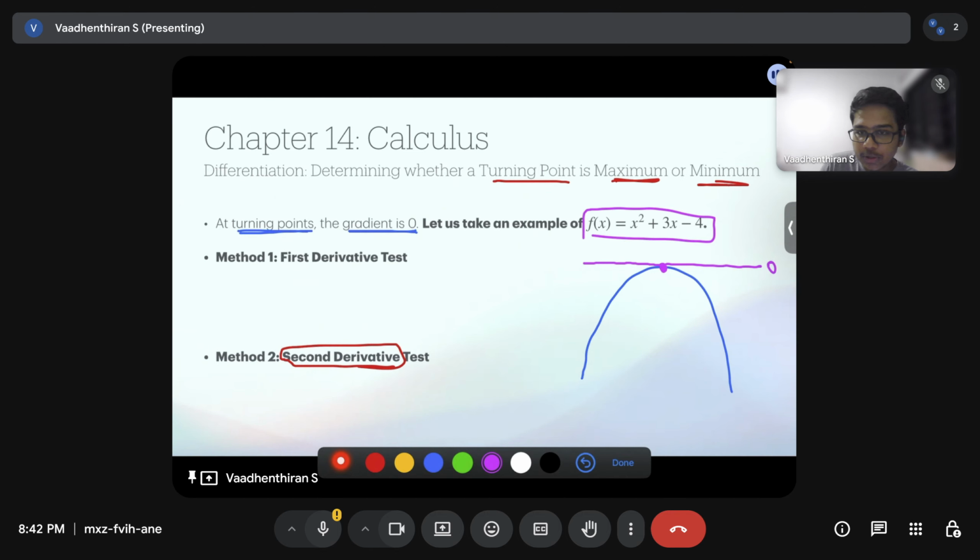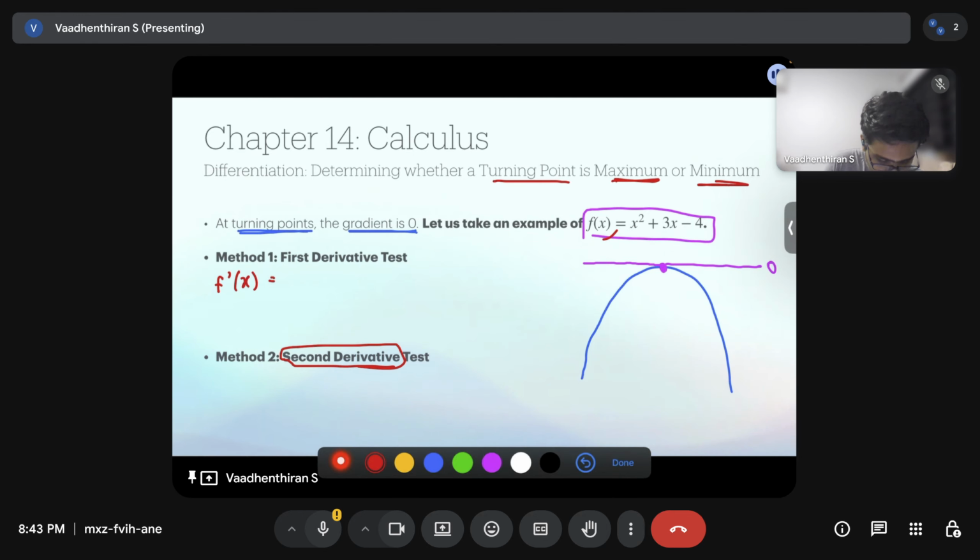There are two methods for this, the first derivative test and the second derivative test. And I will show you both. For the first derivative test, basically you do the differentiation once. So dy over dx, or, because this is an f(x), we will write it in function form, f dash x.